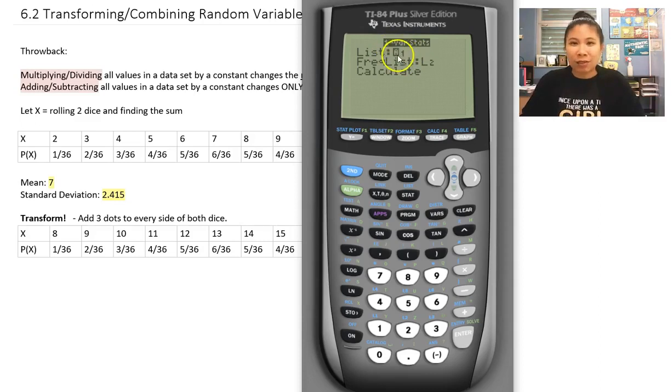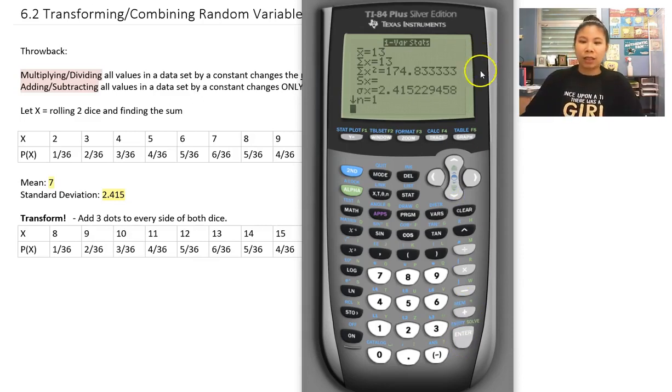This time my X list, instead of L1, is going to be L3 because that's where I did all the transformations. But my probabilities were still exactly the same, so still L2 for the frequency list. Calculate. Look at that. Okay, so my new mean is now 13. And my new standard deviation is 2.415, which I don't think changed from the last time.